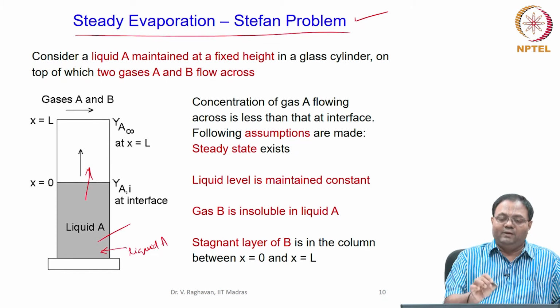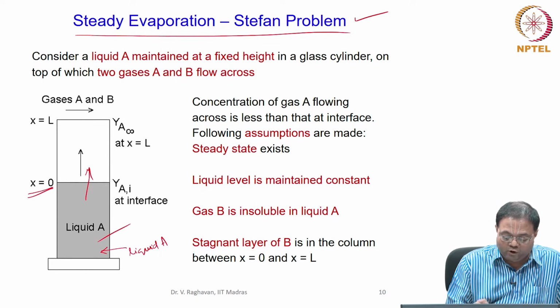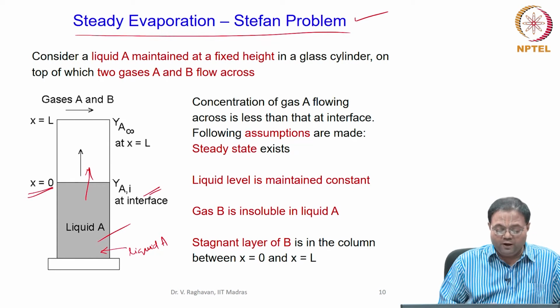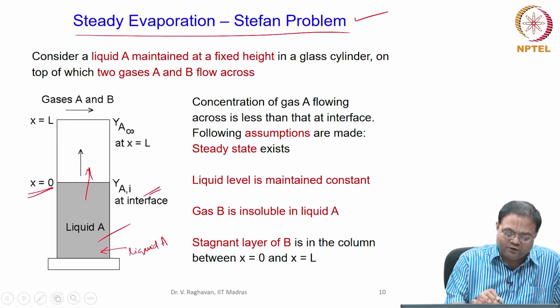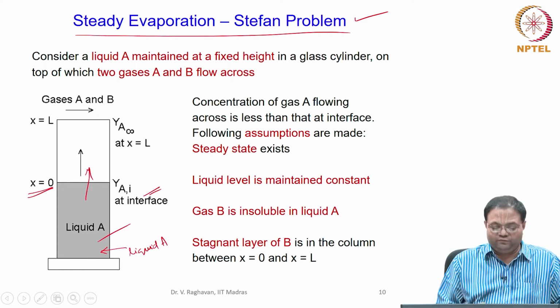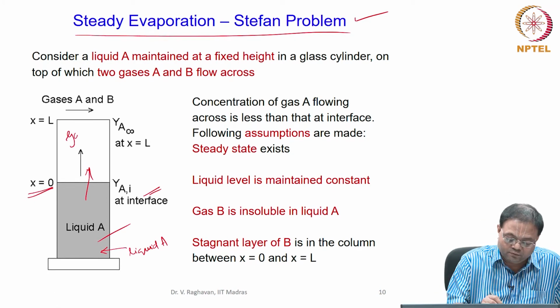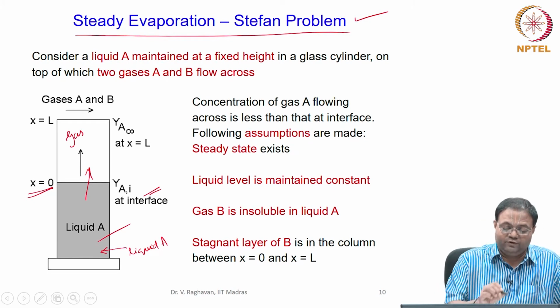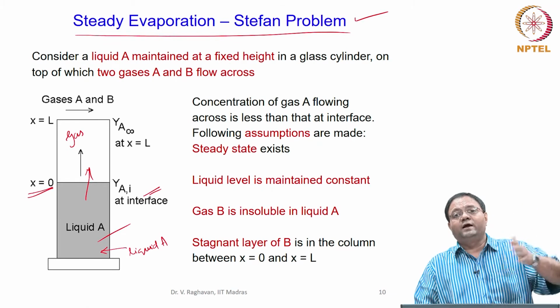So, evaporation takes place, x equal to 0 is called the interface, and across the interface the liquid is converted into vapor, and the vapor escapes to the gas phase. So, this is the gas phase and this is the liquid phase.